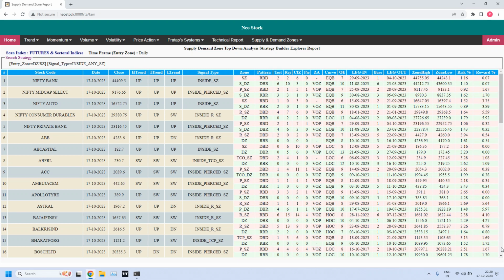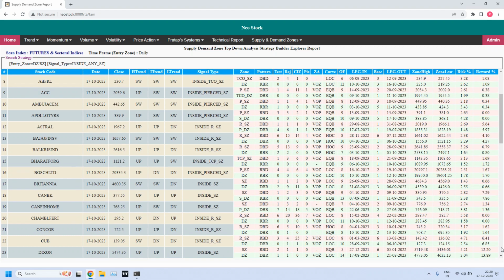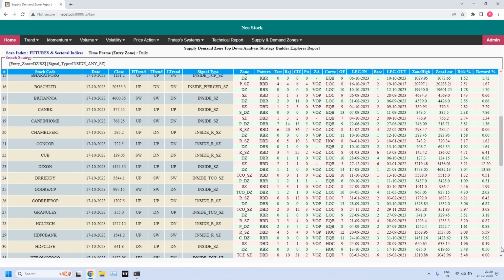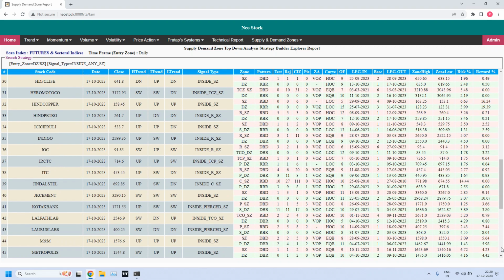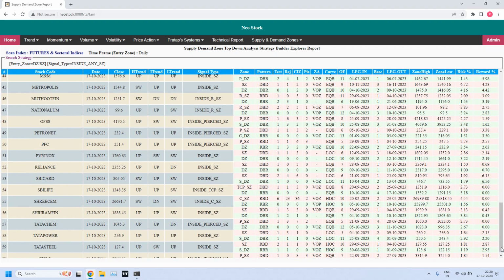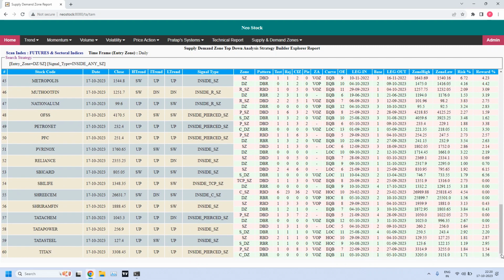If you don't pause, the list will be moving. So a total of 60 stocks are closed inside the daily supply zone.